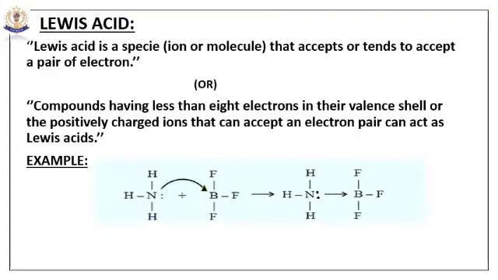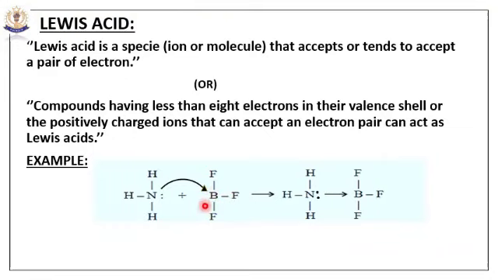Dear students, this example or this reaction has been explained to you in your previous grade. So let's recall your previous memory and see that here ammonia has a lone pair of electrons and BF3 is accepting that lone pair of electrons. Why? Because BF3 has that deficiency of electrons. You can count the electrons: 1, 2, 3, 4, 5 and 6.